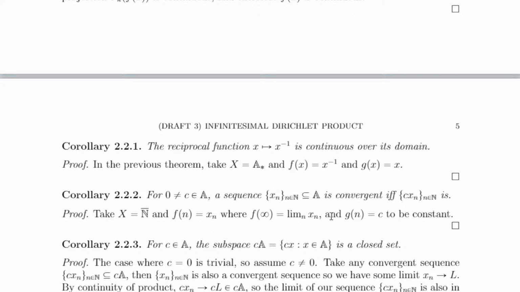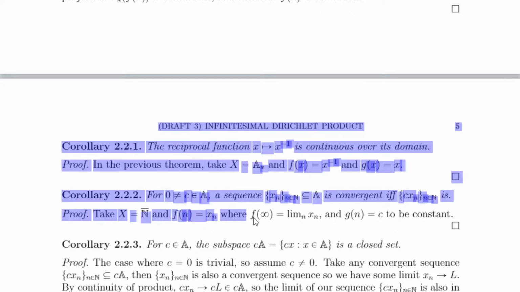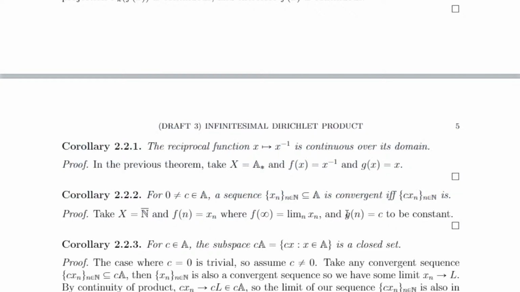So g is continuous, it has a constant and finite z value, and the product f times g, so f of n times g of n, is equivalent to the sequence c times x of n. Because f of n is x of n and g is c, their product is c times x sub n.